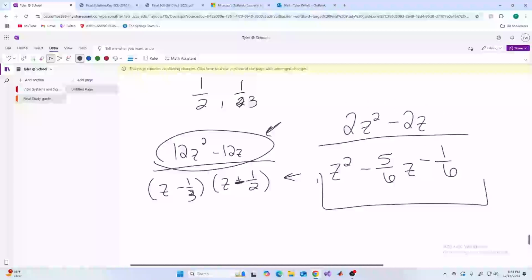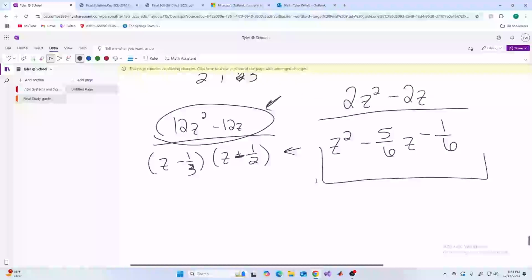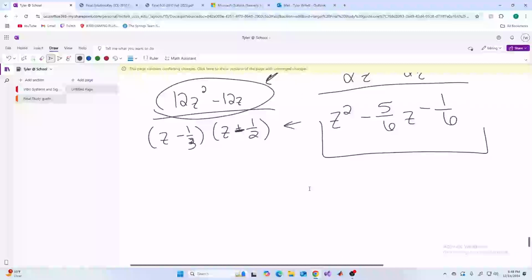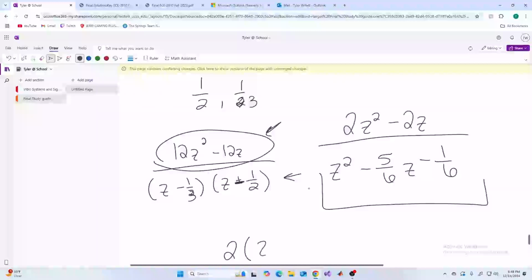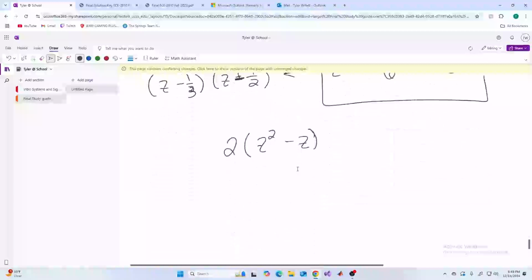So the next thing that we need to do is get this back into negative powers of z. To do that, I'm going to stay in the form of 2z squared minus z all over z minus 1/3, z minus 1/2.